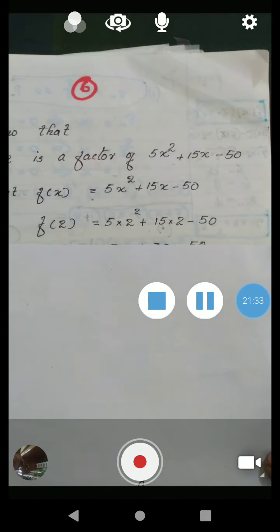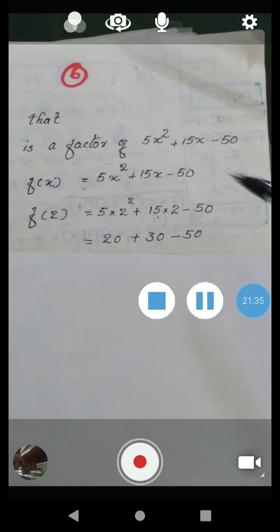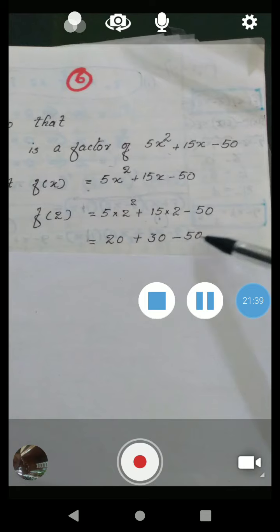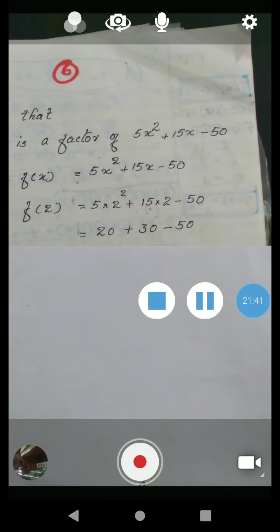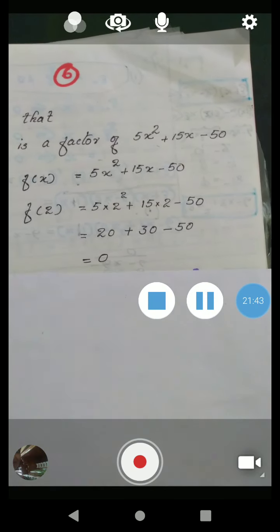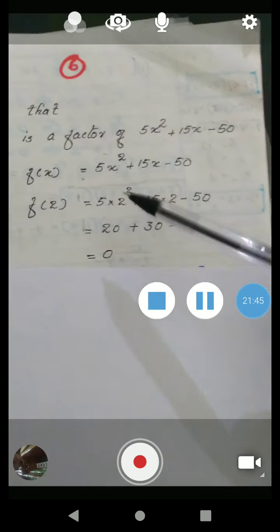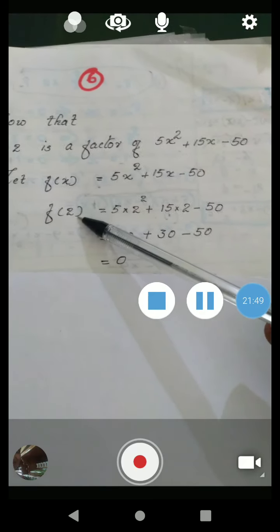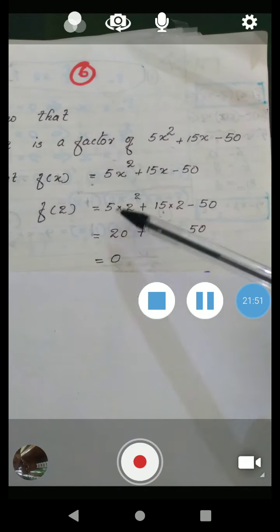When you simplify, you will get 20. This term becomes 20. 15 into 2, 30 minus 50. Therefore, when we simplify, it's 0. Therefore, we know the remainder is 0. f(2) is the remainder. That remainder is 0.